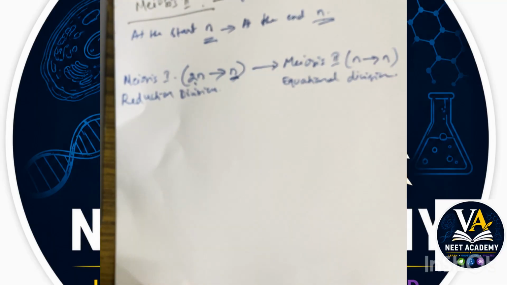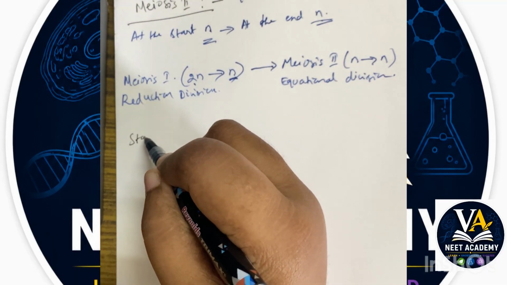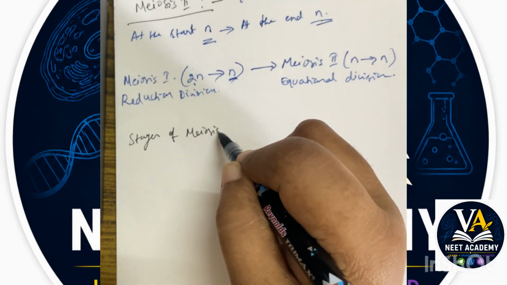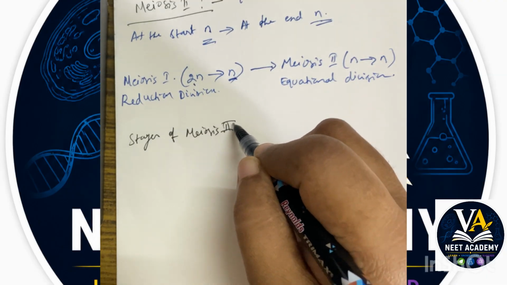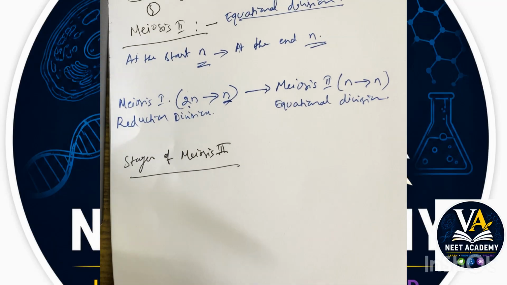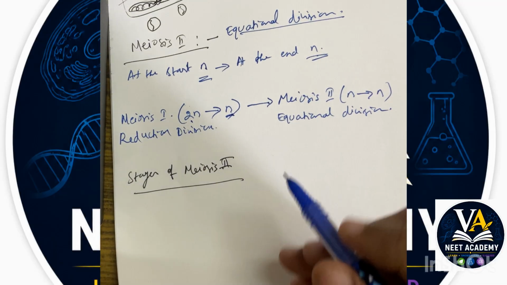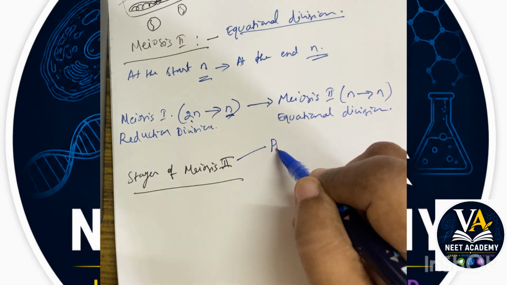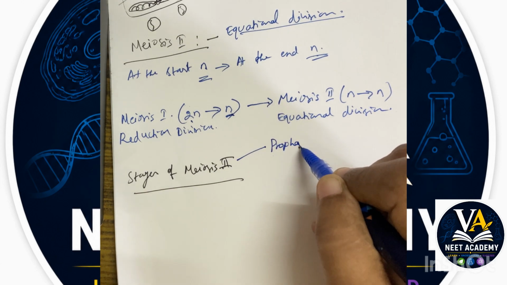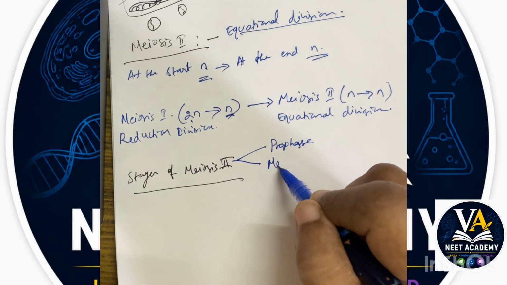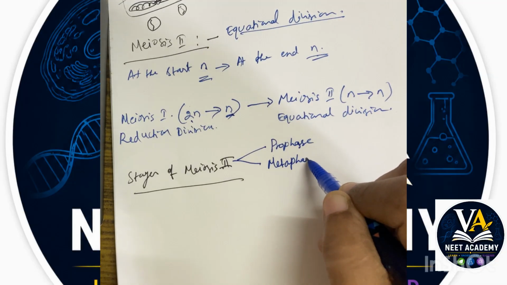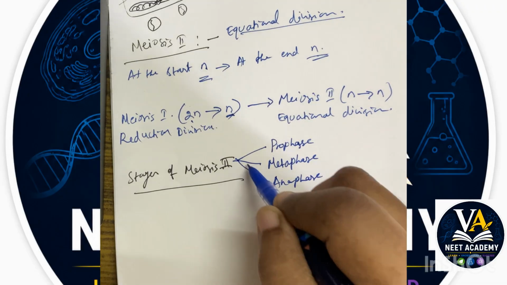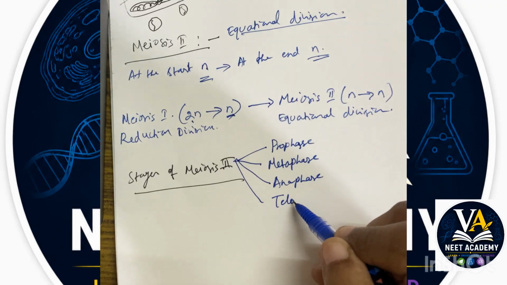Okay, so let us see the stages of meiosis II. Meiosis I was over yesterday. So, the stages of meiosis II. As we have seen, in every mitosis and meiosis you have prophase, followed by metaphase, then anaphase, and finally telophase.